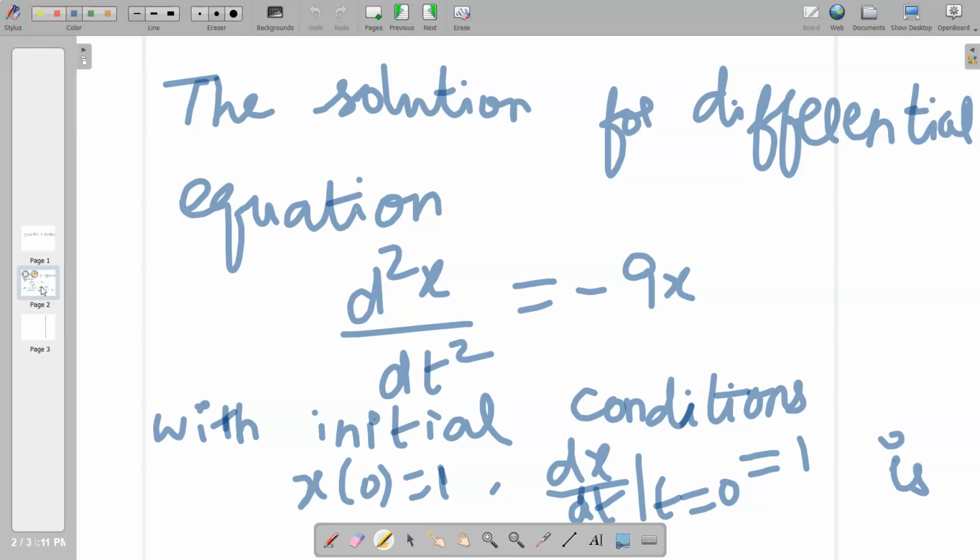For this problem we have to apply Laplace transformation, find the solution with the given initial conditions, and finally take the inverse Laplace transformation. So, let us solve the problem.